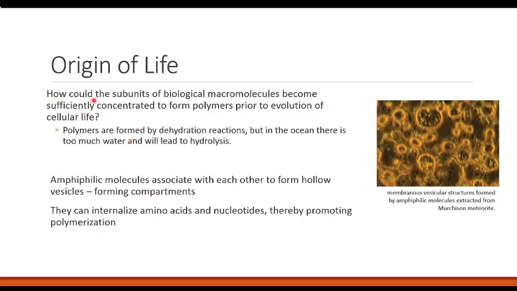So how could the subunits of biological macromolecules become sufficiently concentrated to form polymers prior to the evolution of cellular life? This is taken from the Murchison meteorite, and they found these membranous vesicular structures formed by amphiphilic or amphipathic molecules. Remember what I mentioned about phospholipids? They can form vesicles or compartments within an aqueous solution.